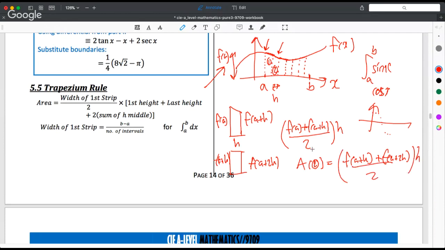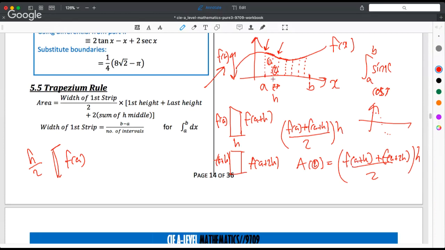And when we do the sum of all of these, we would get an f of a. Each of these terms is going to have an h over 2 factor, so we factor out an h over 2. We see that there's an f of a in the sum, and there's an f of a plus h and another f of a plus h.